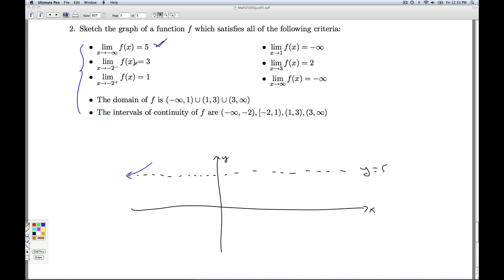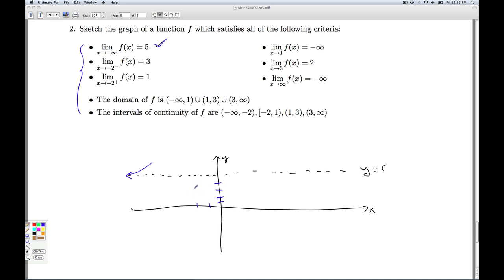The next item: x approaching -2 from the left of f of x is 3. X approaching -2 from the right of f of x is 1. All right, so that's 5, 4, 3, 2, 1, and we'll do -1, -2. And I'm coming in to -2 from the left. It's getting close to 3.